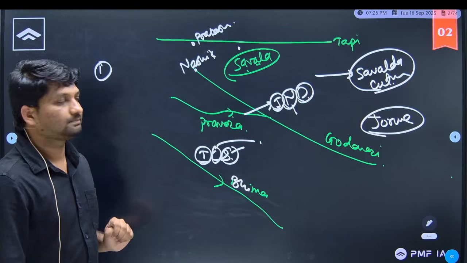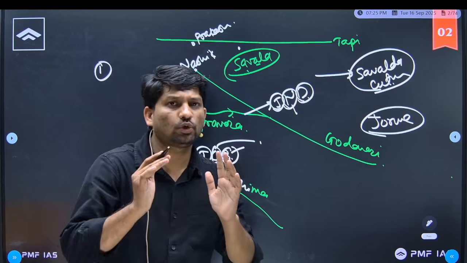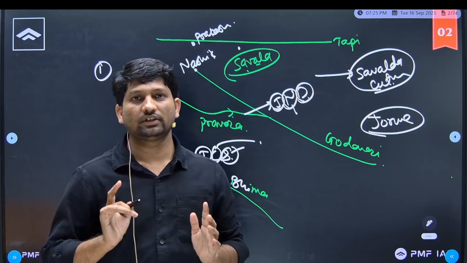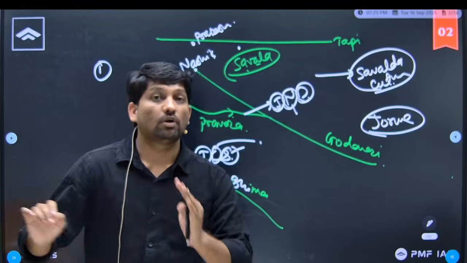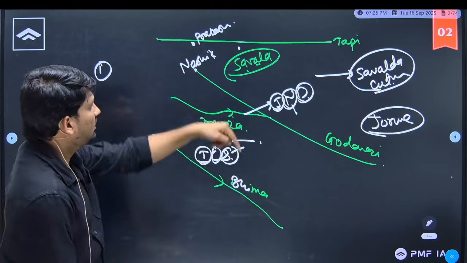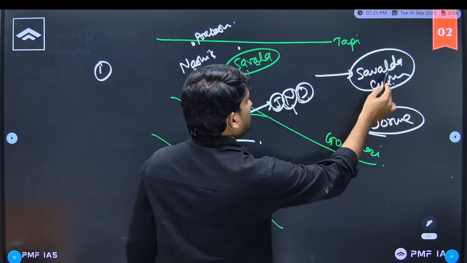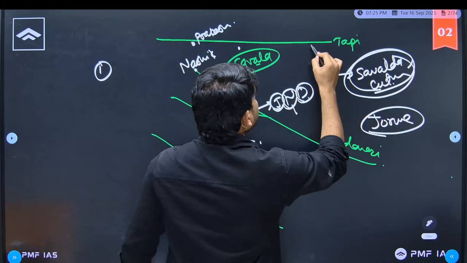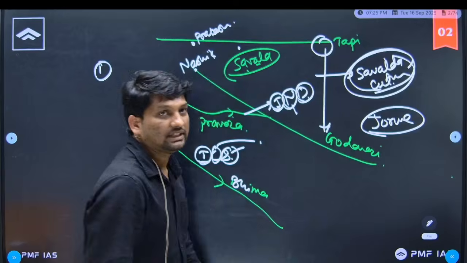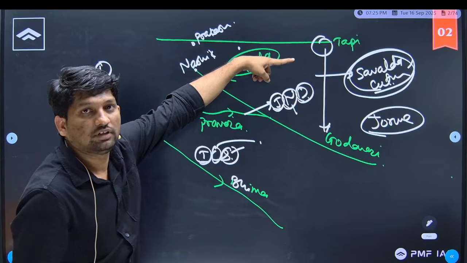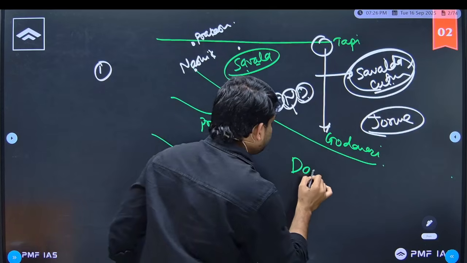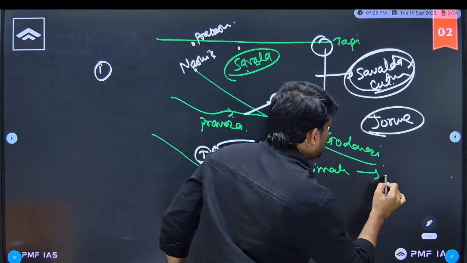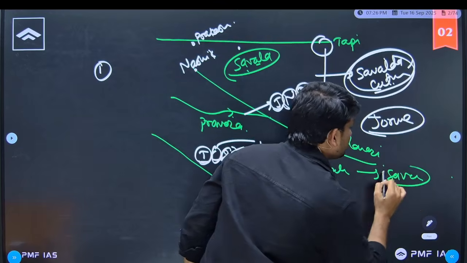Remember, one site can show more than one culture. Am I right? One site can show more than two cultures. Suppose, take this Daimabad. Actually, this Savalda culture extends from Tapi river to Godavari. Means in this region, if you consider Daimabad, first Daimabad will show features of Savalda culture.